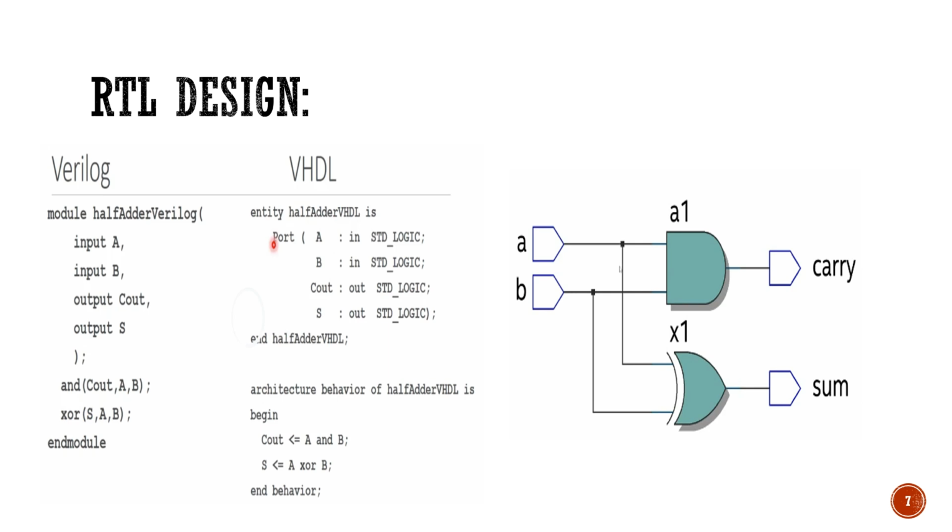It means that you are going to write a hardware description language. Based on the coding style that you have written, it will be constructed into an architecture. That is what is mentioned as register transfer level. You can write in any one of these coding styles that are available in this slide. On the right hand side, you could see an RTL design of a half adder circuit, where this half adder circuit has been used in two different programming levels, right?